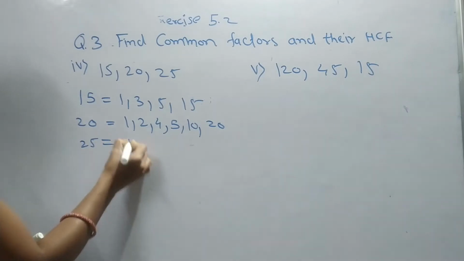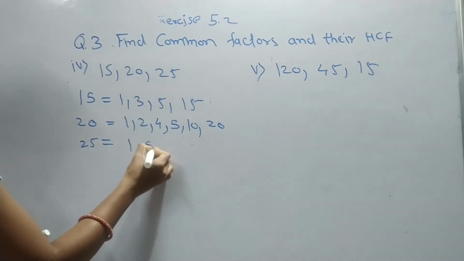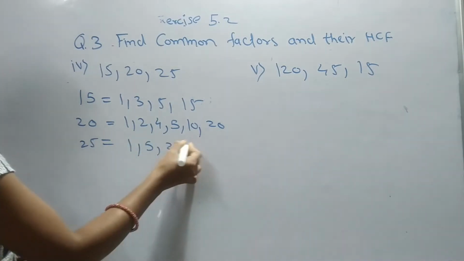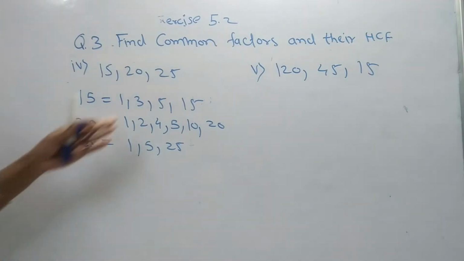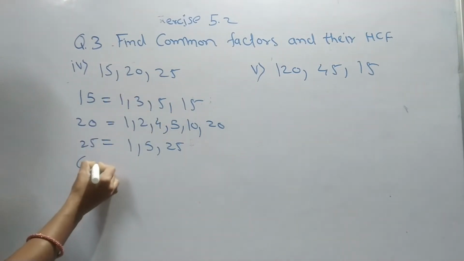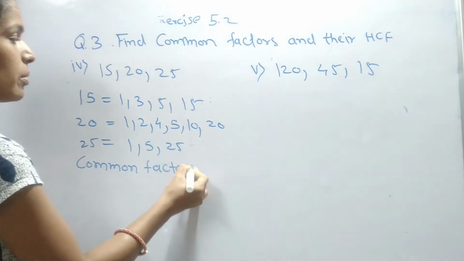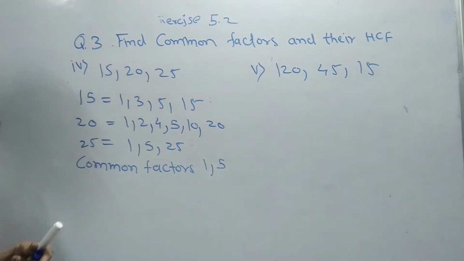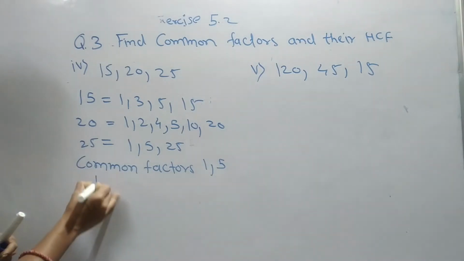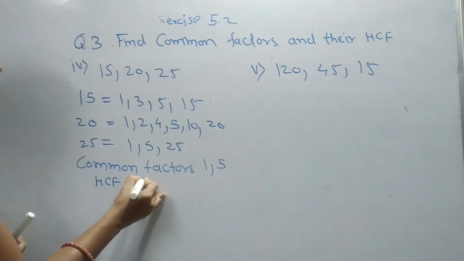And the factors of 25 are 1, 5, and 25. Now, if you observe, 1 and 5 are the common factors of 15, 20, and 25. So 5 is the highest common factor. So the HCF is equal to 5.